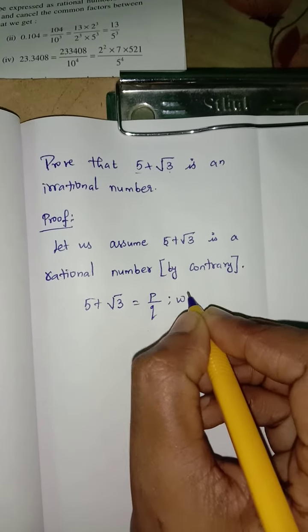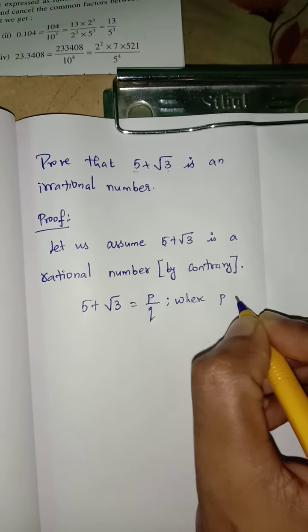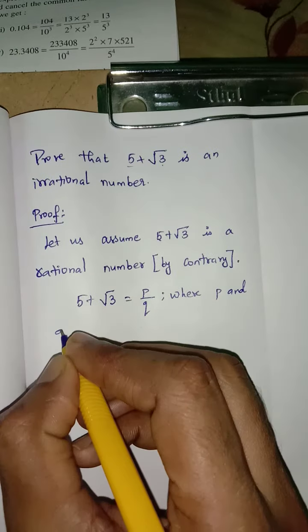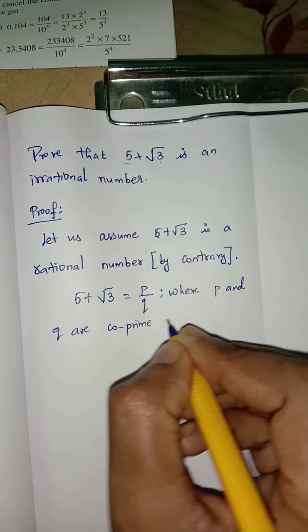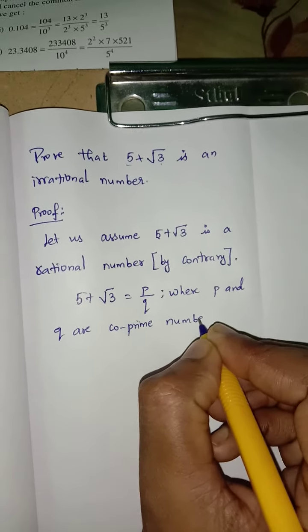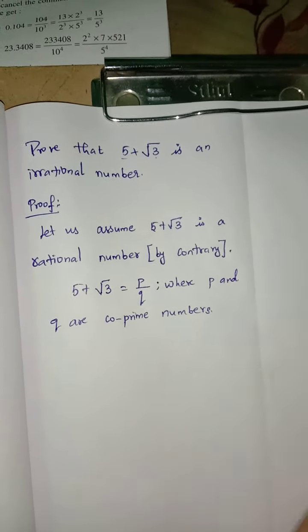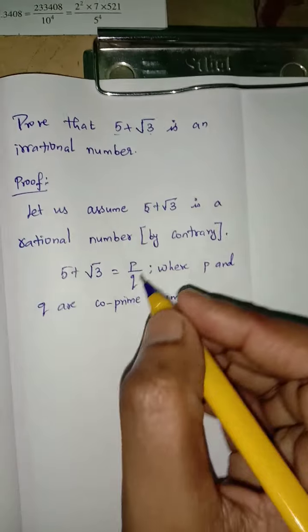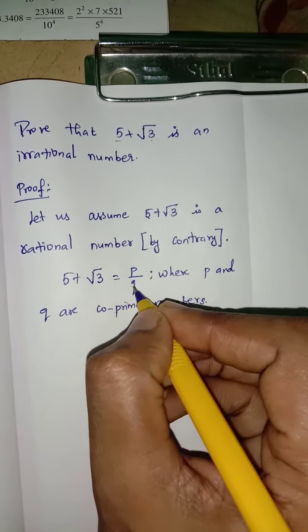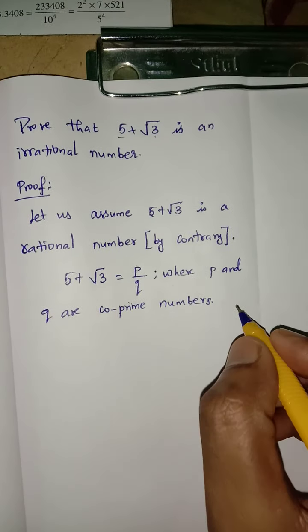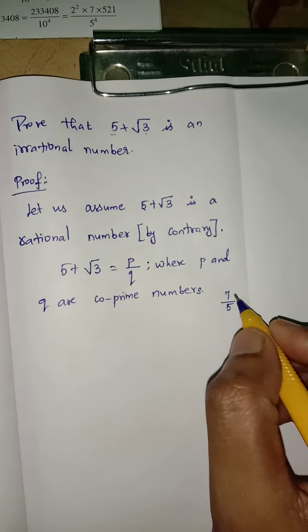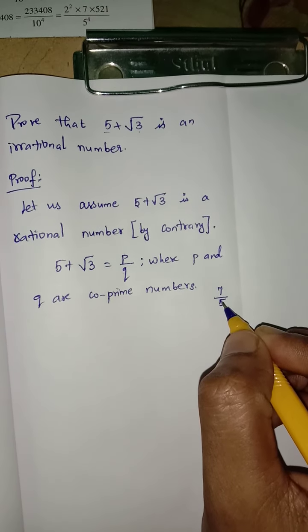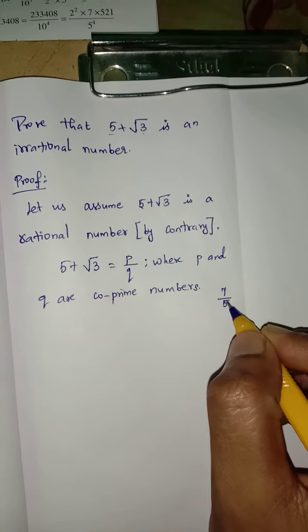Where p and q are co-prime numbers. What is the meaning of co-prime numbers? Co-prime numbers means, suppose instead of p we take 7 and instead of q we take 5, there is no common factor between 7 and 5.